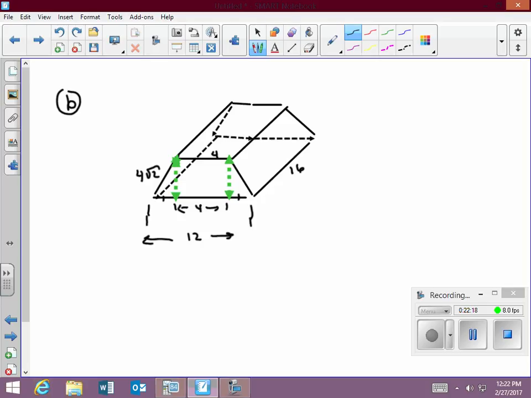So that means that what remains is 8, and it's divided into the 2 parts. So each one of these is 4.